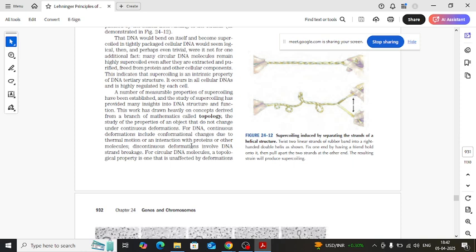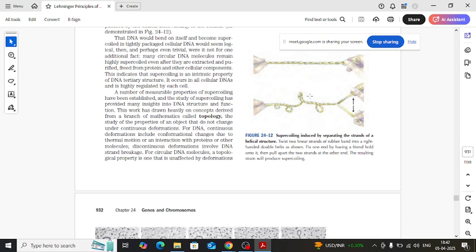Discontinuous deformation means DNA strand breakage. When there is a strand breakage, then there will be discontinuous deformation. In that case only, these topological properties will change. Otherwise, if the DNA strand is intact, and the deformation is caused by interacting with some proteins or some motion, that is continuous deformation.